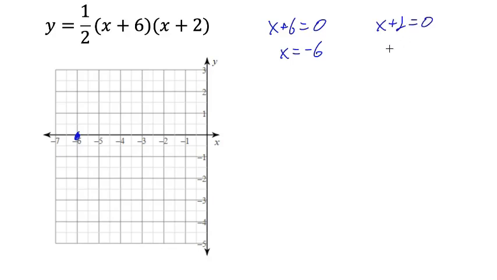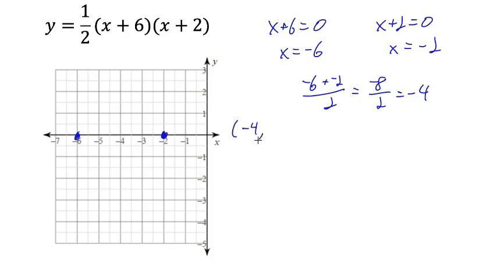And we can use the x plus 2 to figure out that the other x-intercept is at -2. All right, halfway between those two x-intercepts is -4. And if we're not sure, we can always just add those and divide by 2 to find the average of the two x-intercepts. And sure enough, we get -4.